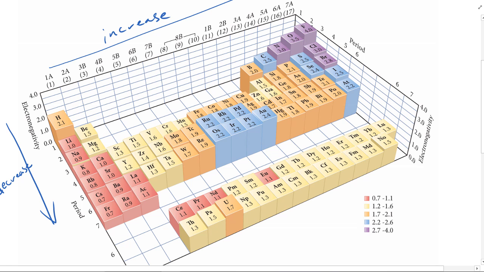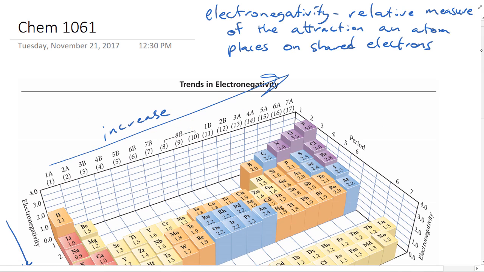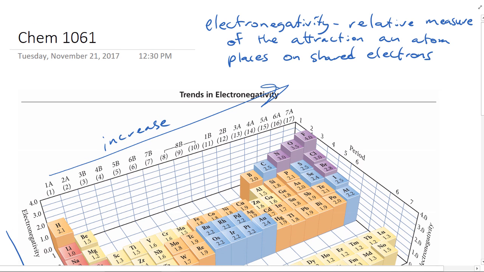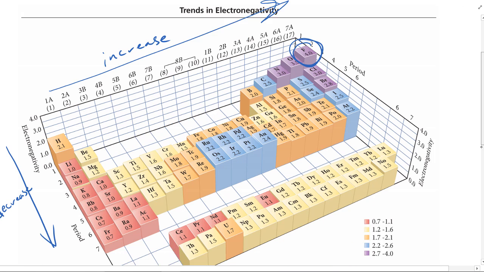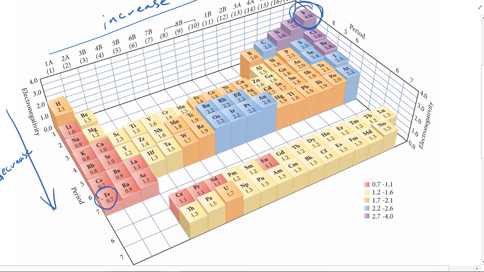What this is also saying is that if it's a relative measure of the attraction they place on shared electrons, the element that has the greatest attraction for shared electrons would be fluorine. The element with the least attraction for shared electrons would be francium down here in the opposite corner.